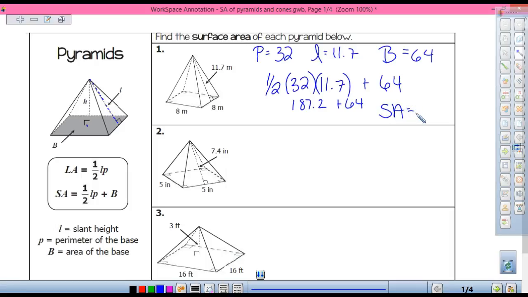Your surface area is 251.2, and I'm labeling it meters squared. Yeah, multiplying it by 1/2 or dividing by 2 is the same thing.